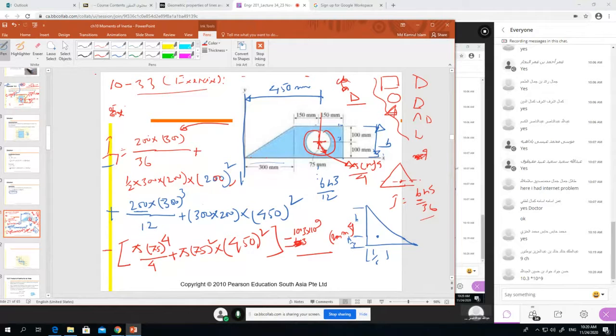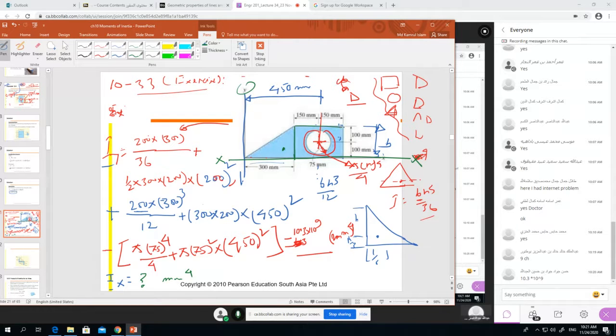Similarly, I give you the homework. Homework is Ix. You calculate Ix similarly with respect to this axis and tell me the result. We did the y-axis, now you will do the x-axis. For the triangle, our center will be there. So you do it from there, and it is actually easier.